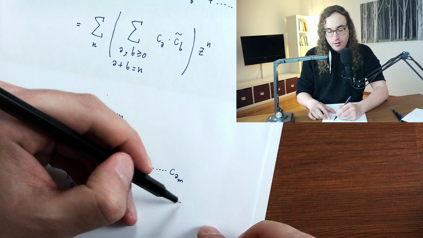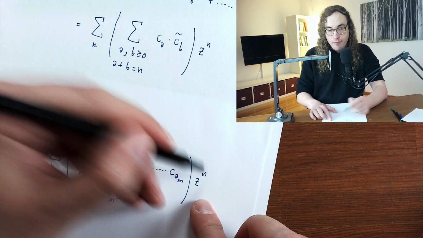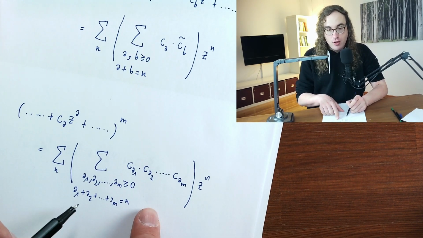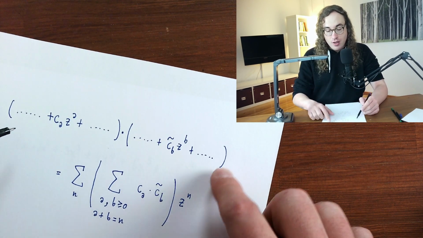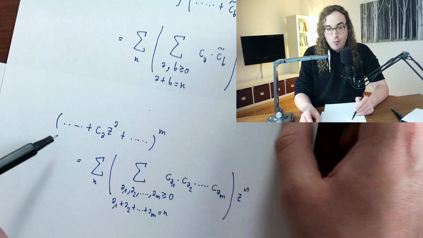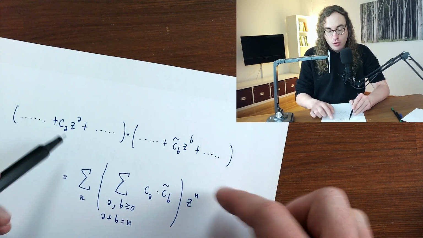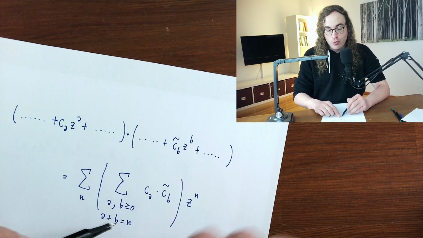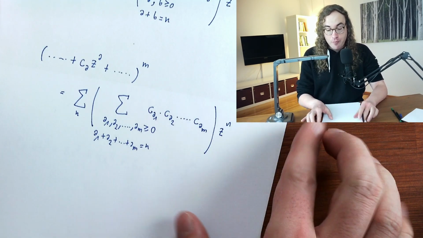And all of this has to be added, and I get z to the n. Okay, so this is just the generalization of the observation I made up here. But instead of just two factors, I consider m factors, a power. And instead of having decompositions where two of these exponents add up to a possible value n, I now have to add, when I multiply these, all of these exponents to get n.